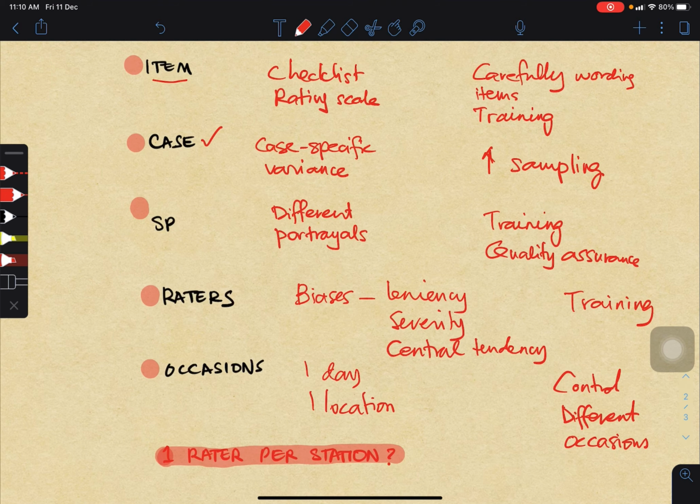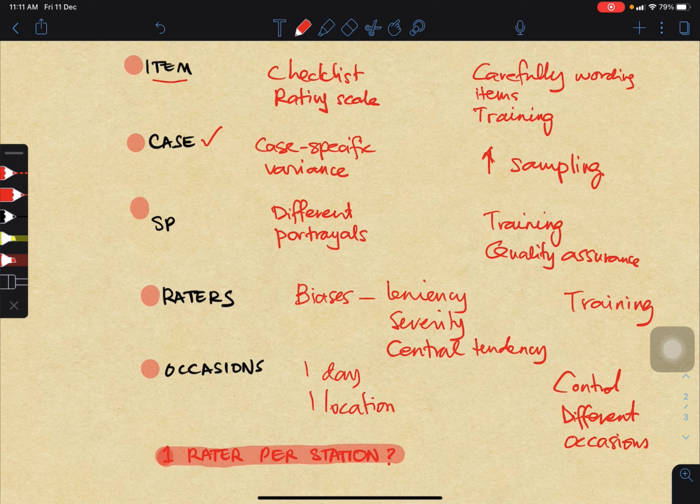The answer is that case specificity, which is the variance due to cases and the interaction between cases and persons, is usually the greatest source of variance in performance tests, and it is a much greater source of error than differences between raters. You can find this on page 155.